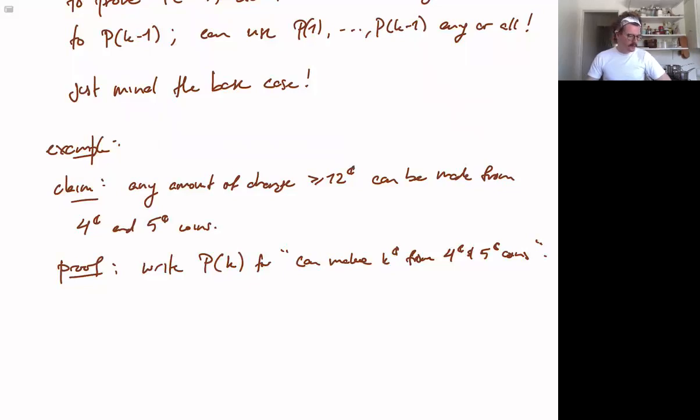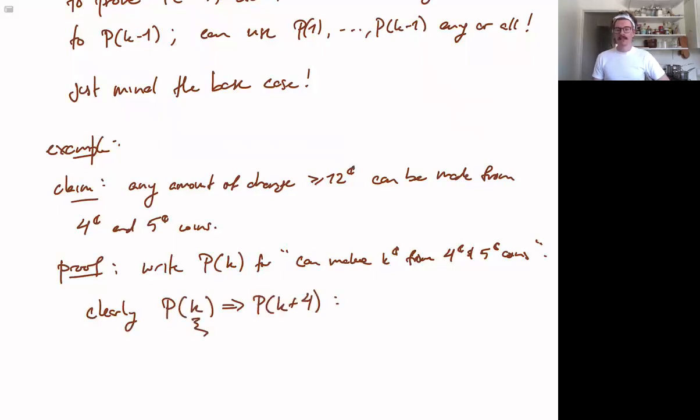So the reason why we want to use strong induction, or use not just the previous proposition, is clearly P of K implies not P of K plus 1, but P of K plus 4.